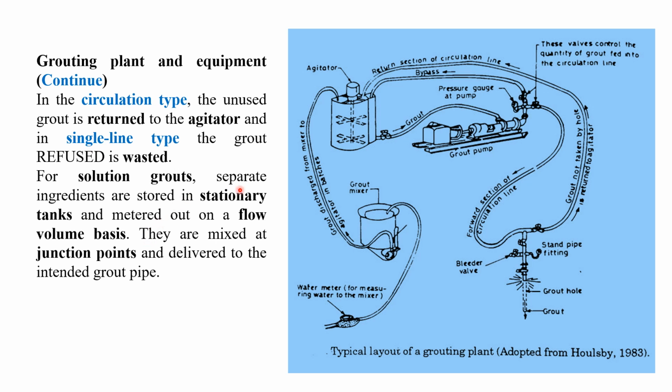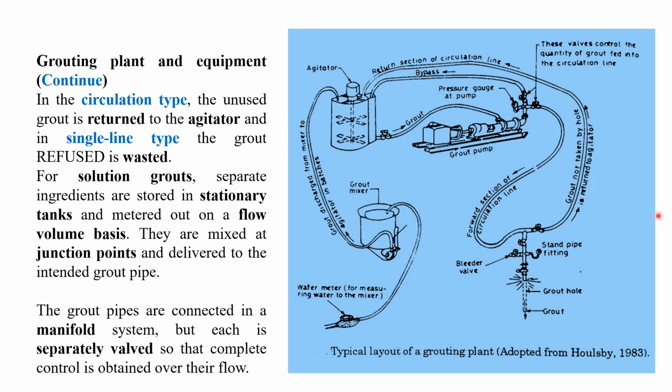For solution grouts, separate ingredients are stored in a stationary tank and metered out on flow or volume basis. They are mixed at junction points and delivered to the intended grout pipe. The grout pipes are connected in a manifold system, but each is separately valved so that complete control is obtained over the flow. This is about the solution grouts.